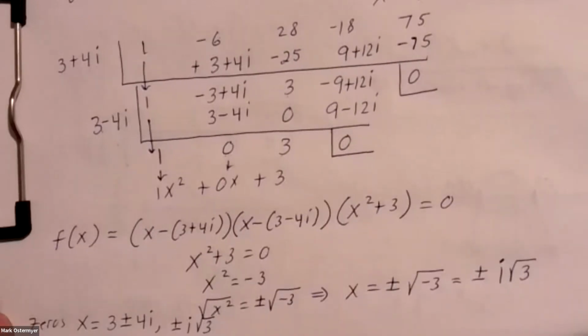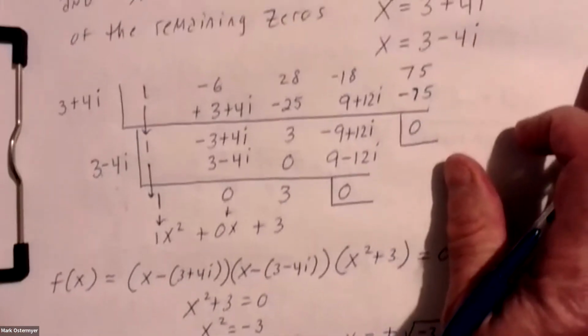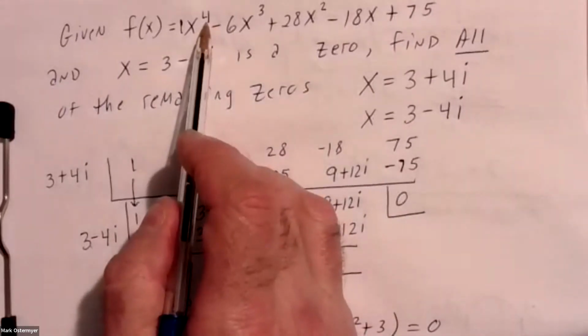So we happen to have all complex zeros here. They're all complex zeros. And notice they come in conjugate pairs. And notice they all occur with multiplicity of 1. So we got 1, 2, 3, 4 zeros. And by the fundamental theorem of algebra, the sum of those multiplicities better be equal to the degree of the polynomial. And that's exactly what it is, a 4th degree polynomial.